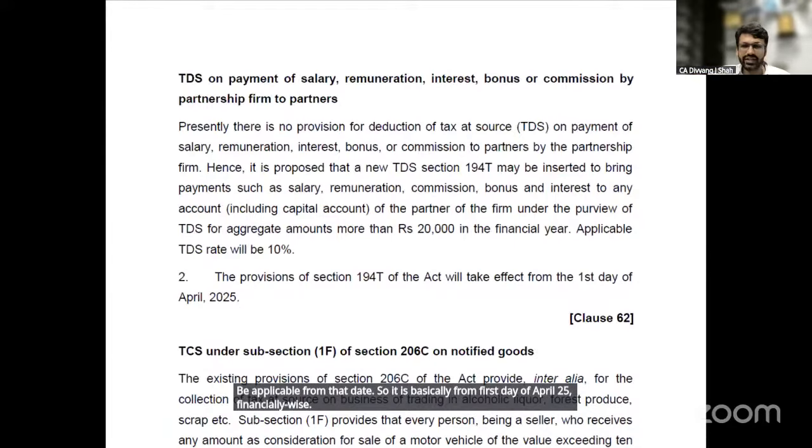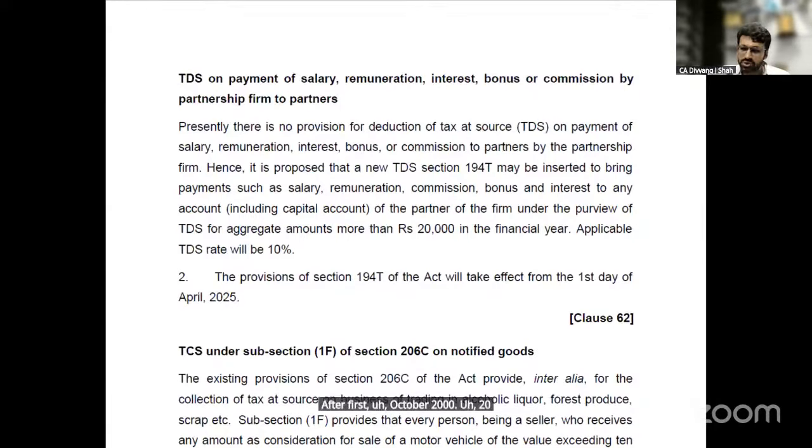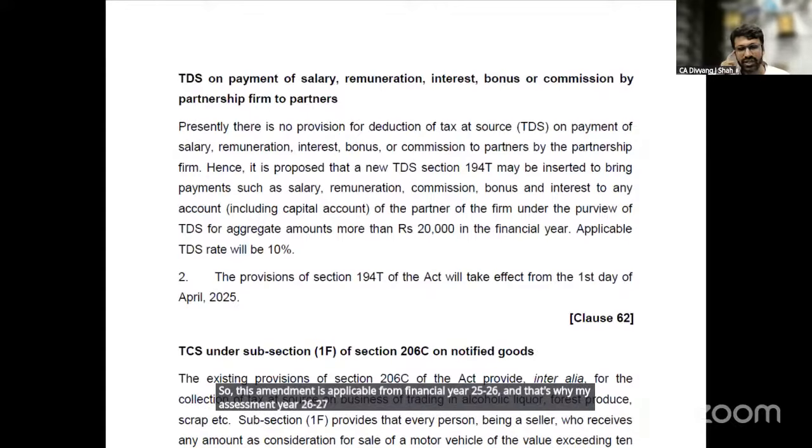In the past, 194Q and 194O were introduced from 1st of October 2020, for example. So it is applicable only if a transaction took place after 1st October 2020. That's how we need to read. So this amendment is applicable from financial year 25-26, and that's why assessment year 26-27 will be the relevant assessment year.